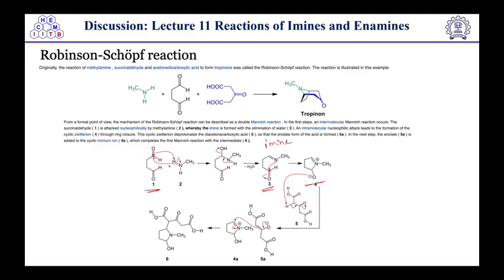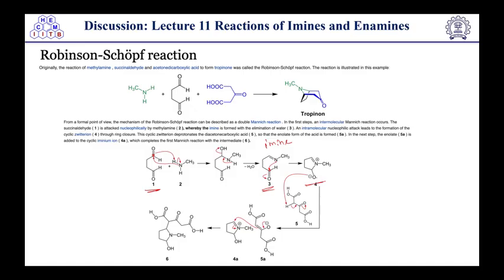So which proton is acidic? Either this one or this one, right? One proton abstraction will take place and a negative charge will generate over here, which forms the enolate ion, the most stable enolate ion, because of the conjugation system. So after the enolate formation, what's next? Like the aldol reaction, the double bond will attack the imine, right?